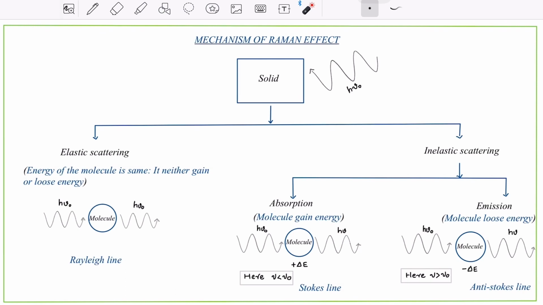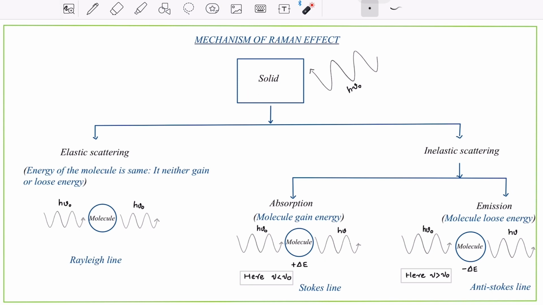Let us discuss the mechanism of Raman effect. Suppose a beam of monochromatic light having energy h nu 0 is incident on a solid, then we know that there will be scattering.